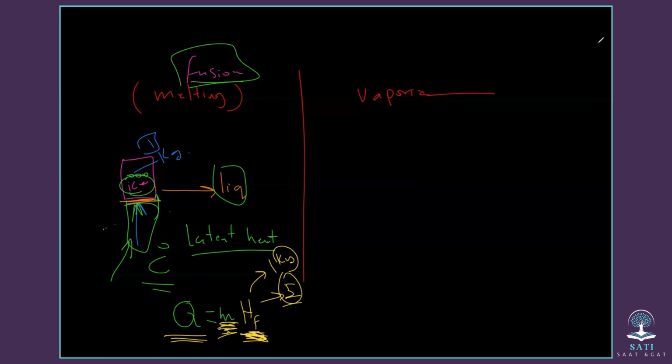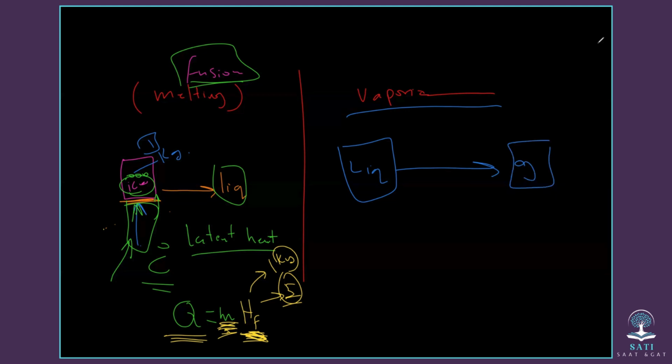Same thing for latent heat of vaporization. If I have liquid and I want to change it into gas, that means we need to give it heat. This amount of heat that is given for a liquid material to transform its state into gas is called latent heat of vaporization.